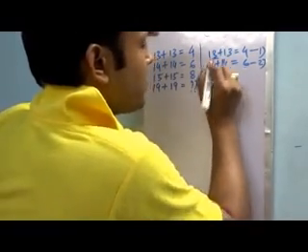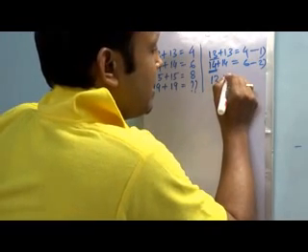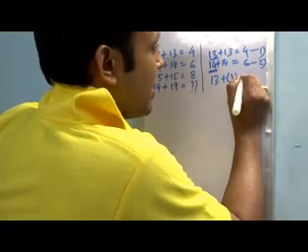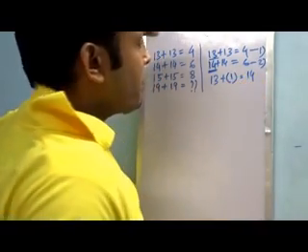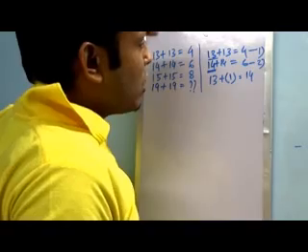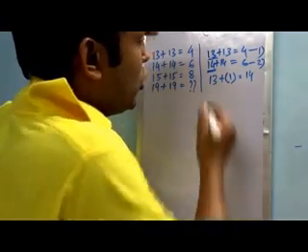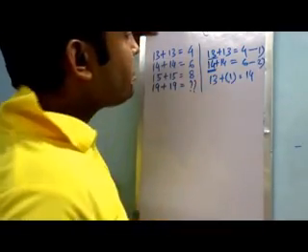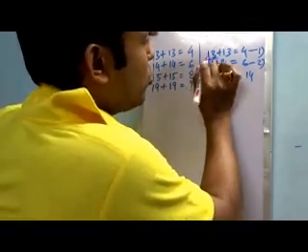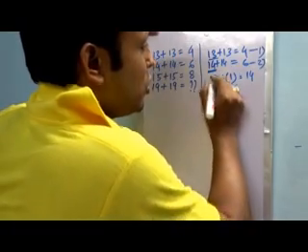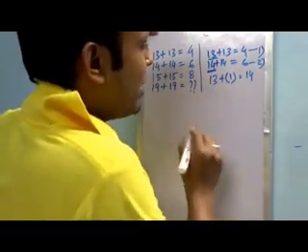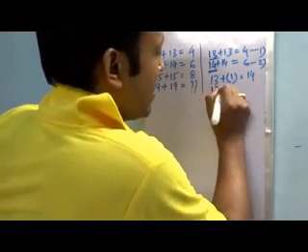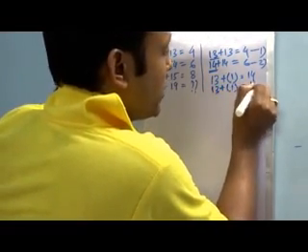So you can say 13 plus 1 equal to 14. The difference between 13 and 14 is 1, and there are two 13s and two 14s. So obviously another equation will be 13 plus 1 equal to 14.